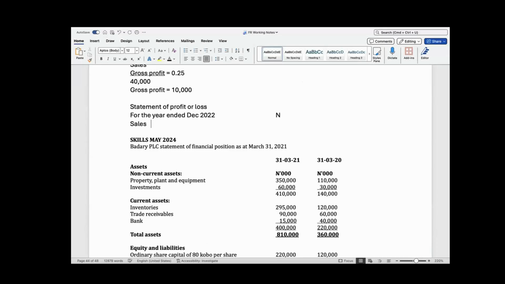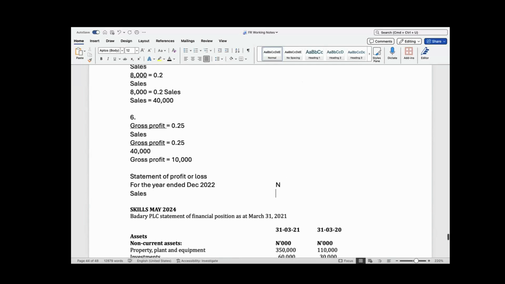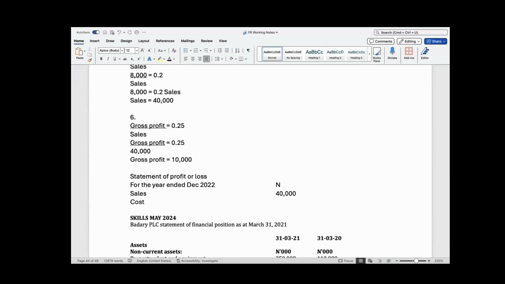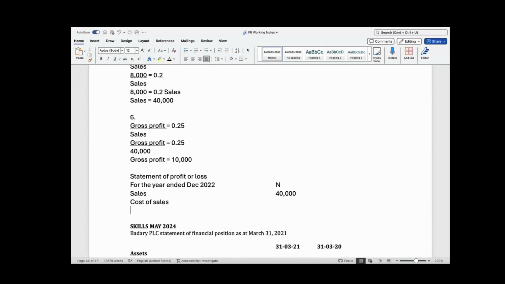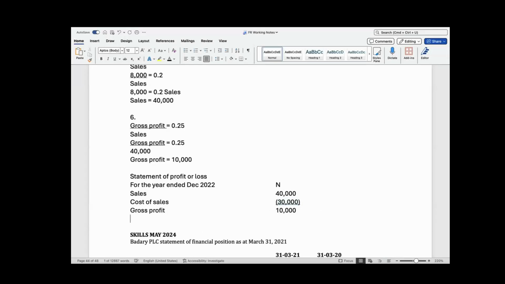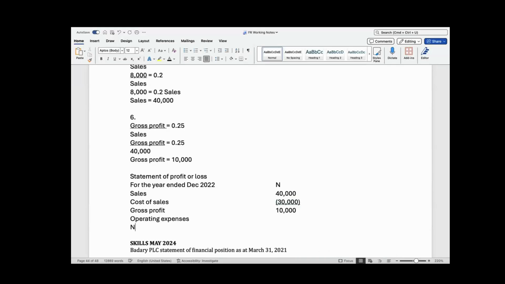I already got their sales to be 40,000. Then my cost of sales, I don't know. But since I know my gross profit is 10,000, definitely my cost of sales is 30,000.